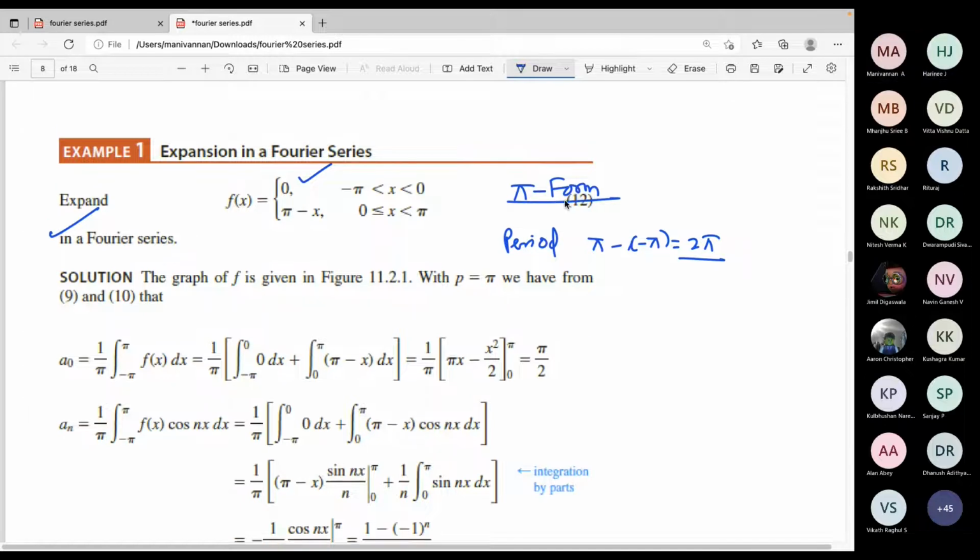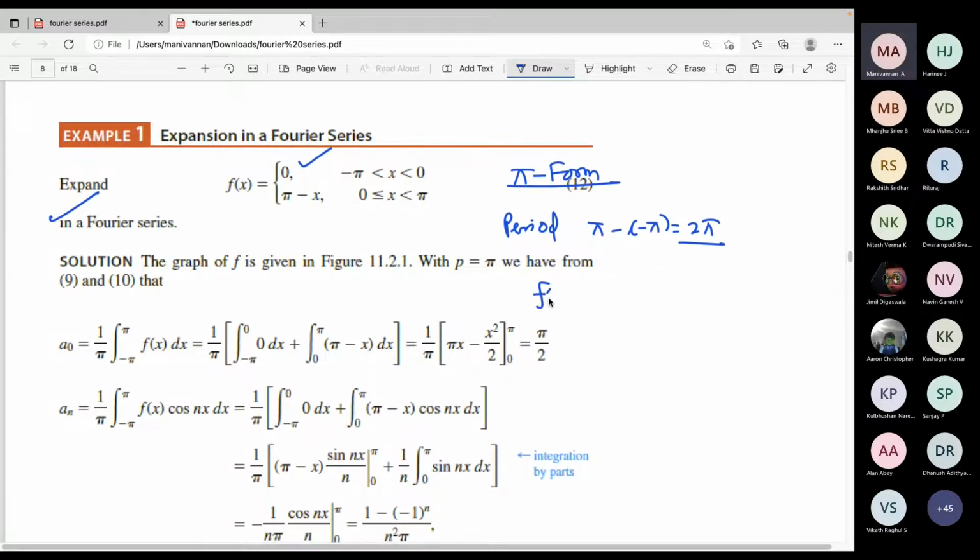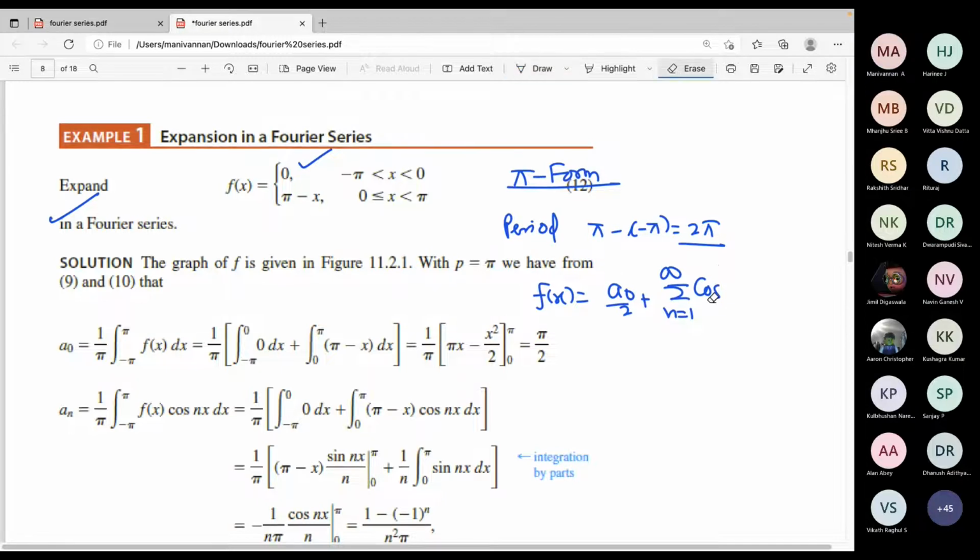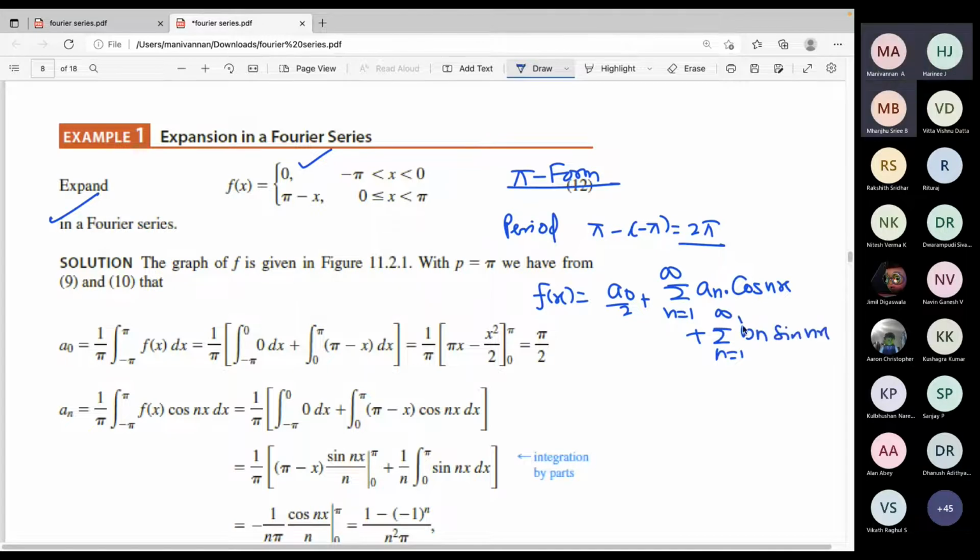So the corresponding Fourier series, can you tell me? It is a naught by 2 plus sigma n from 1 to infinity a n cos nx, plus sigma n from 1 to infinity b n sin nx.